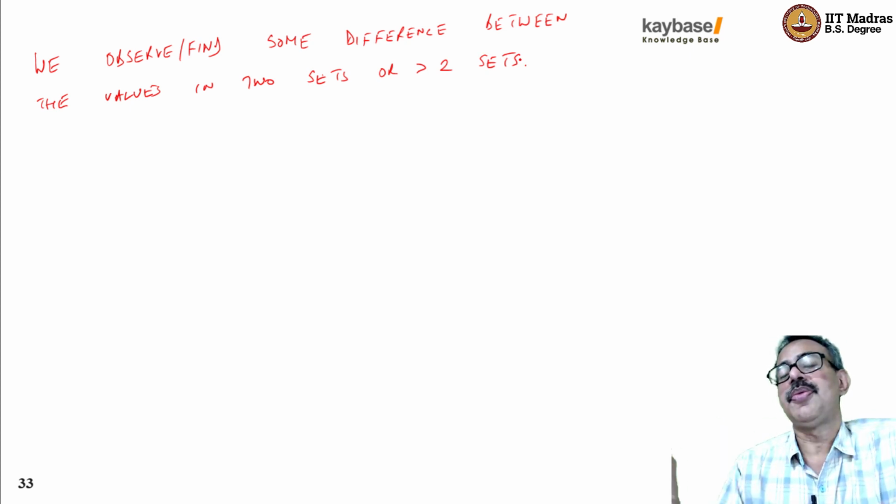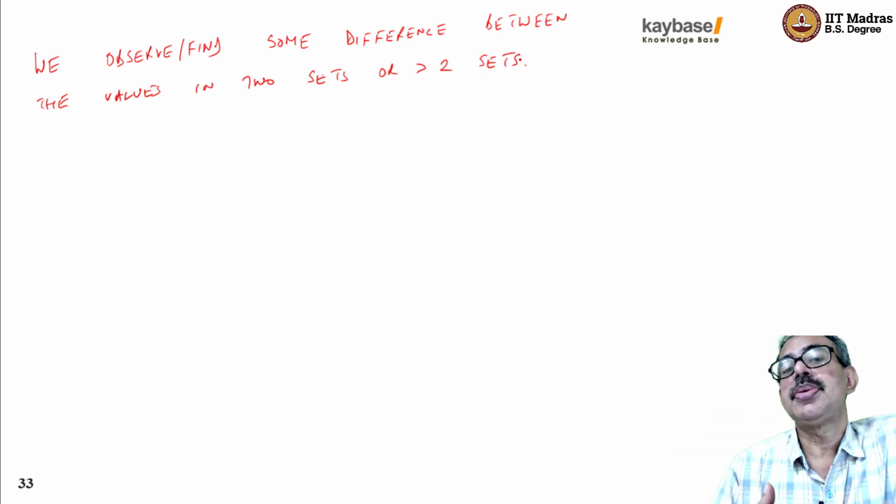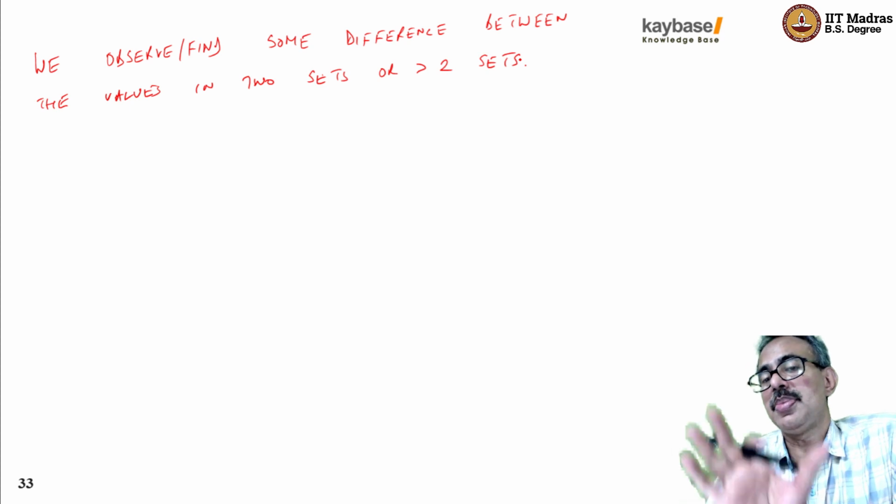We observe and find some difference. Like the mean is 10,000 rupees here and 10,200 rupees there. We observe the difference.